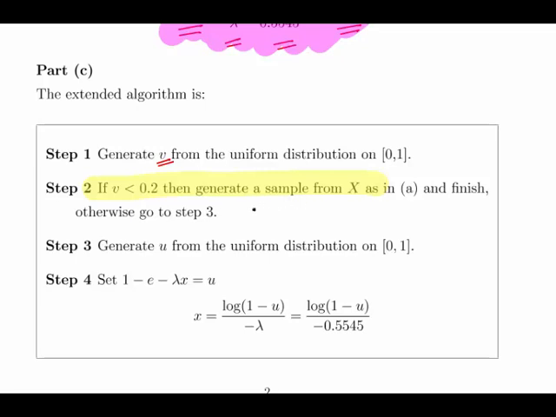If this value v is greater than 0.2, like 0.2107, something like that, we generate another random number called u from the uniform distribution.